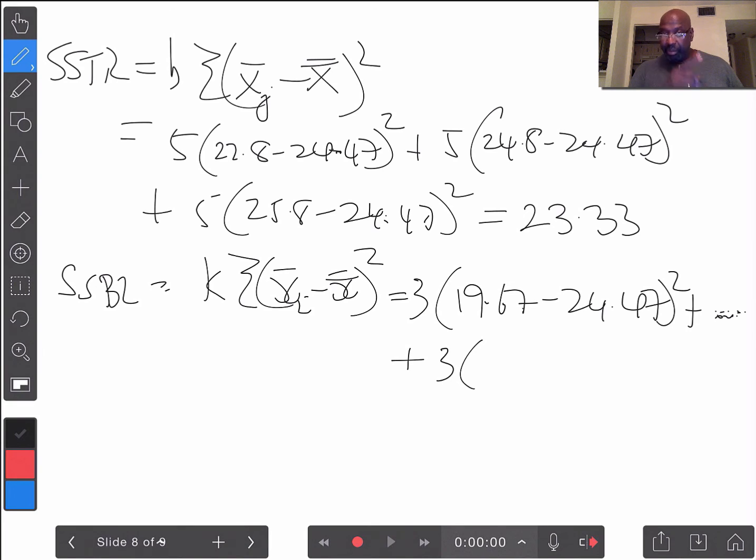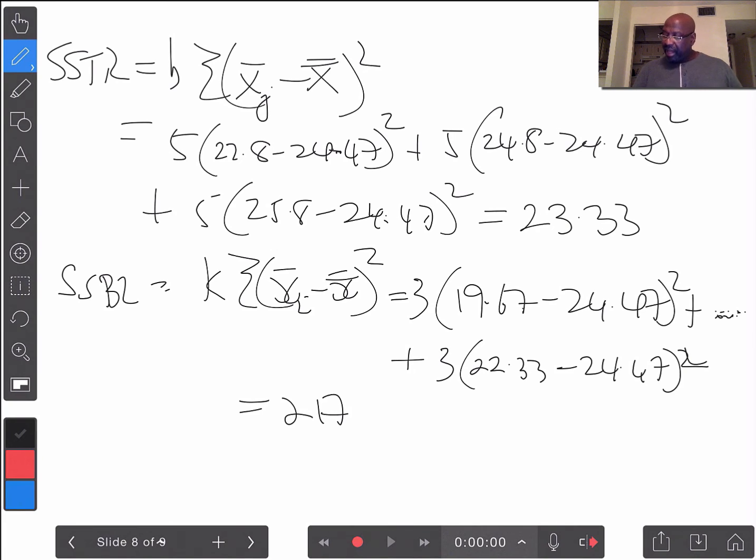And so you just have to repeat that because remember we already have all the 5 block means. 22.33 minus 24.47 squared. And that gives us a value of 217.